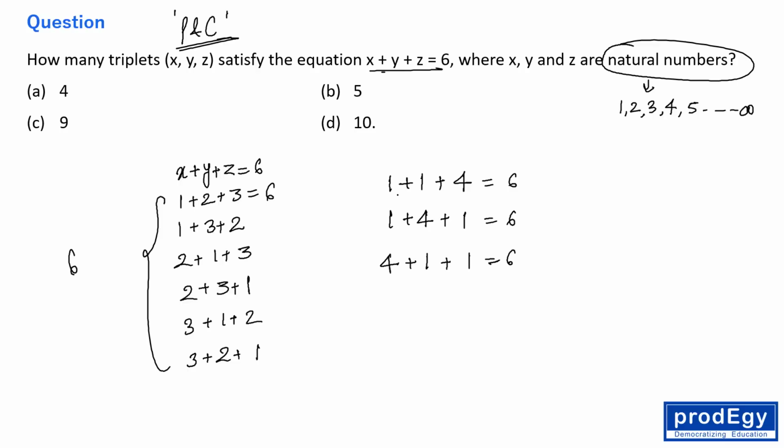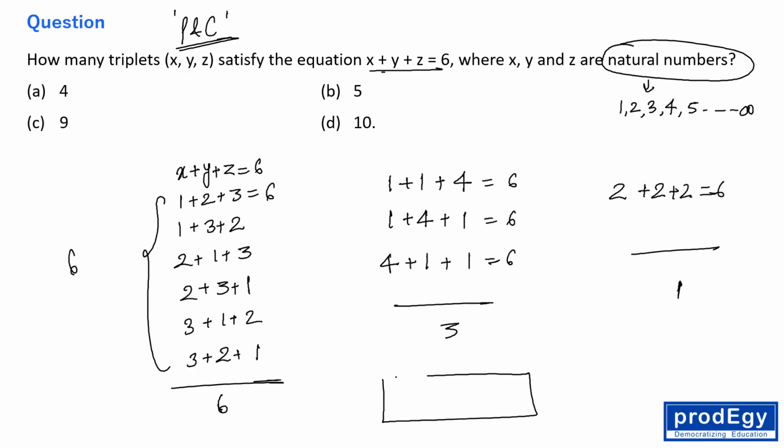And where all of them are same, then 2 plus 2 plus 2 is 6. This is also one combination. So here we have 6 combinations, here we have 3 combinations, here we have 1 combination. So total how many combinations do we have? 6 plus 3 plus 1. This is 10 combinations we have, right? 10 possible combinations, right everyone?